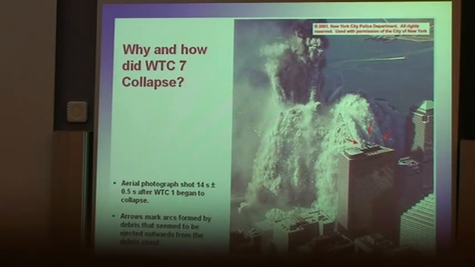Just as an introduction, I'm showing here an aerial photo taken from a helicopter about 14 seconds after the collapse of World Trade Center 1, the North Tower, the second building to collapse on that day. Unfortunately, you cannot see it properly here because of the resolution, but we have all this as very high resolution pictures in our computers.